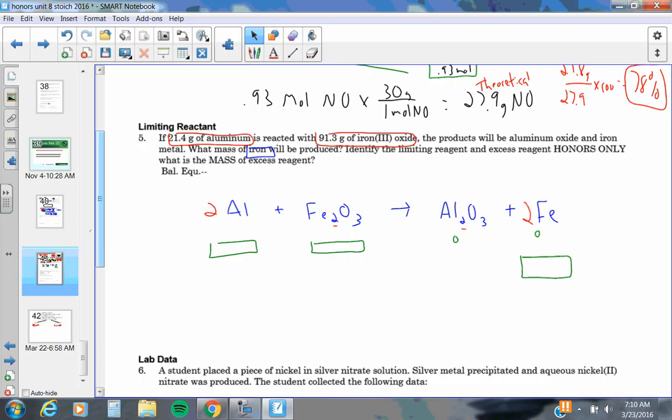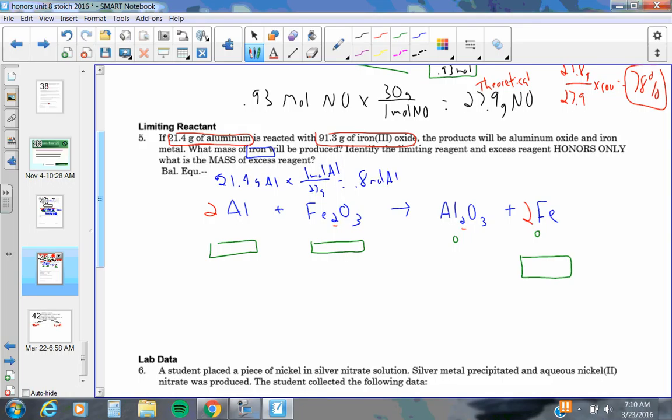Next step is going to be convert to moles. 21.4 grams of aluminum. 1 mole of aluminum, according to the periodic table, is 27 grams. So we have 0.8 moles of aluminum. The other reactant, 91.3 grams of Fe2O3. 1 mole of Fe2O3 is 159.6 grams.